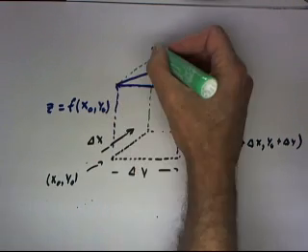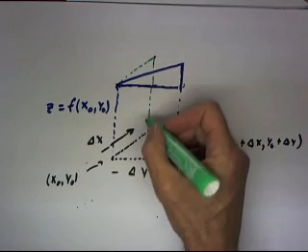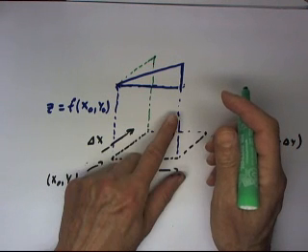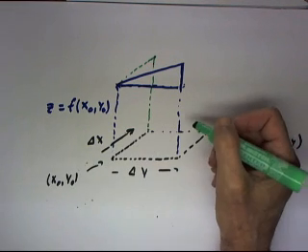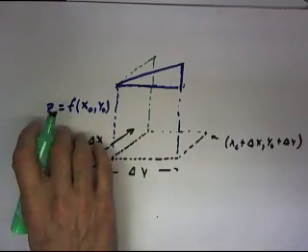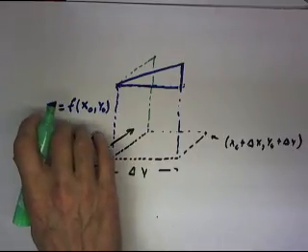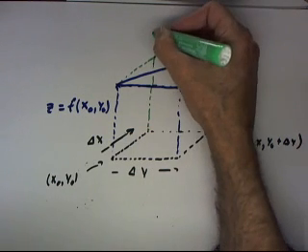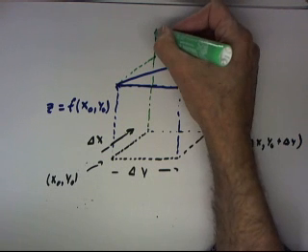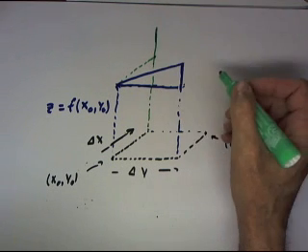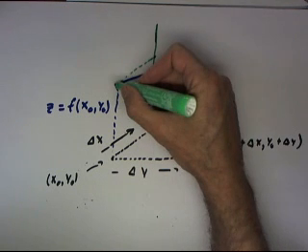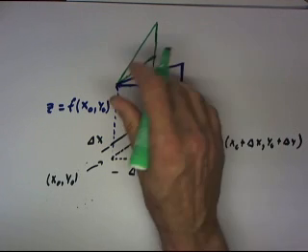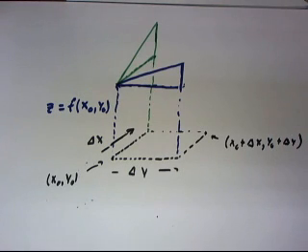Then our change in z due to this change in x: since delta x is in the negative direction, recall that we observed that the function we're using will tend to decrease with increasing x. Similarly, it increases with decreasing x. Now x is decreasing, so our function, let's say, changed by this much due to the change in x. And now we have a triangle back in this direction.